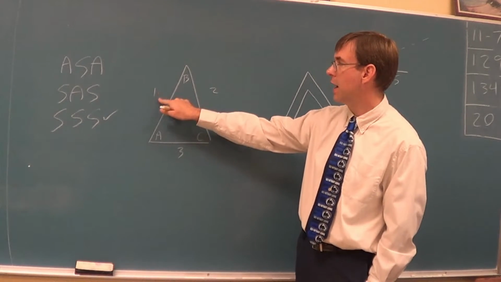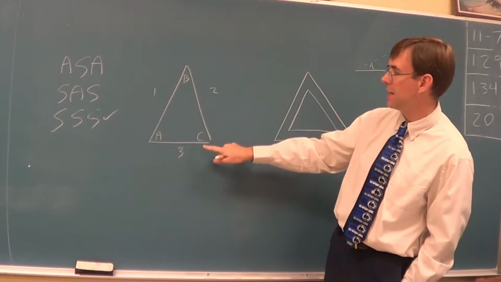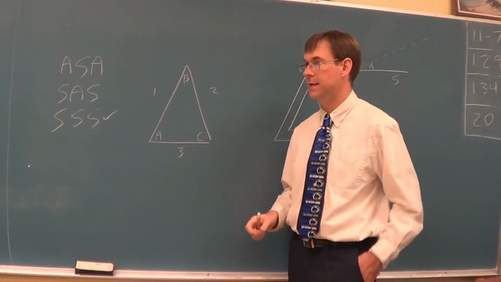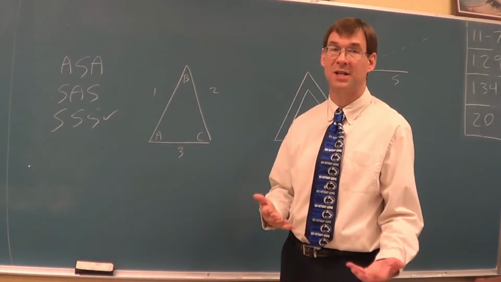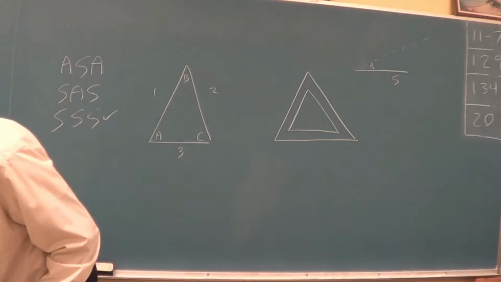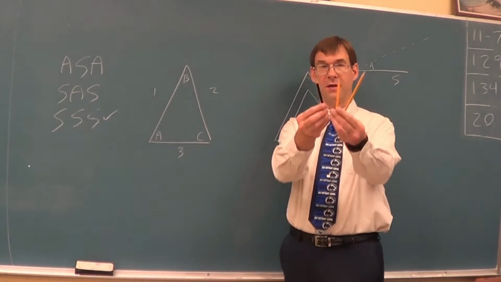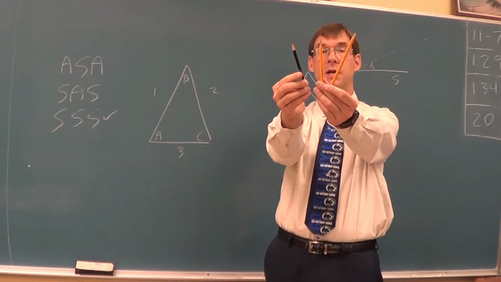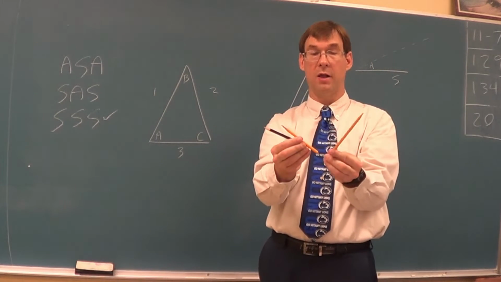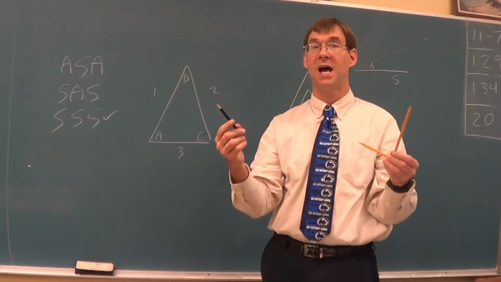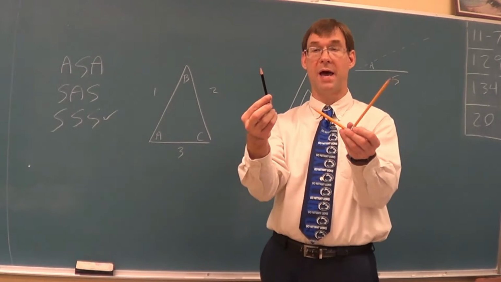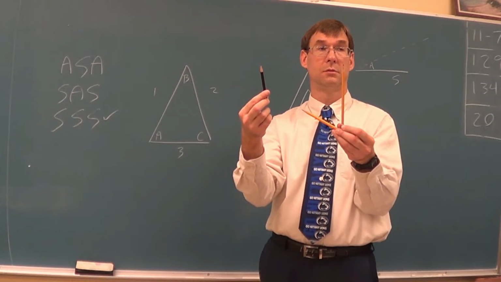If I'm telling you how long side 1 is, and how long side 2 is, and how long side 3 is, that's going to establish for you for sure a triangle that would match every other triangle with those sides. Like if I said, I picked these 3 lengths, I want to build a triangle out of this. How many different sized and shaped triangles could I build out of these 3 pencils?